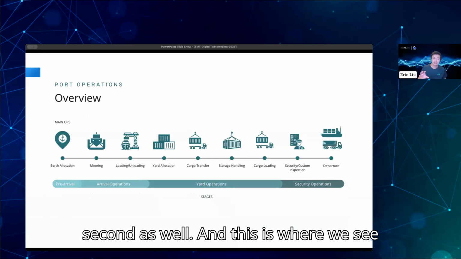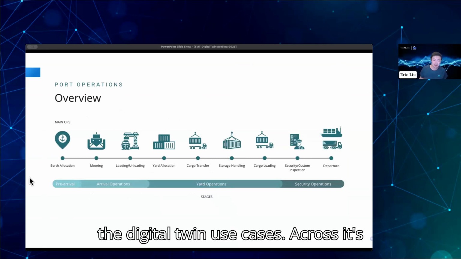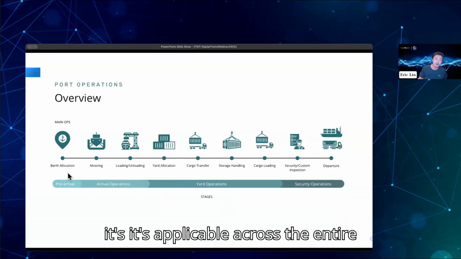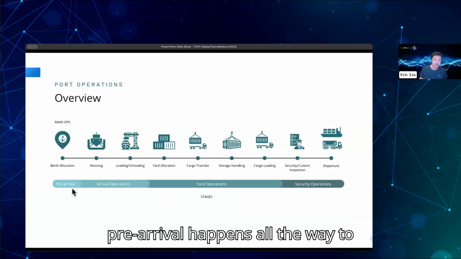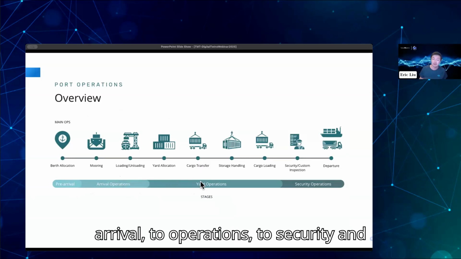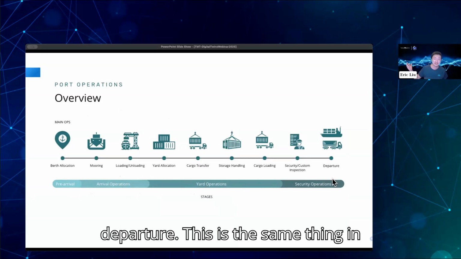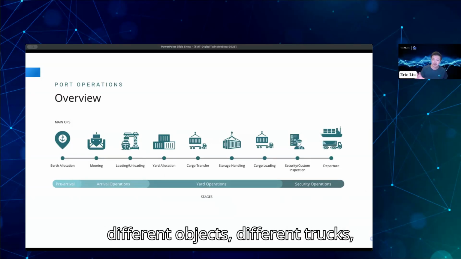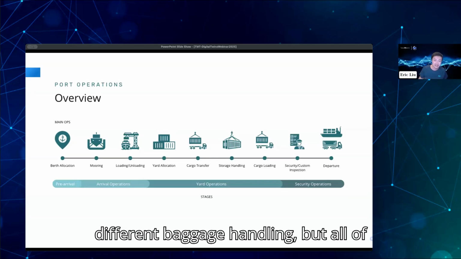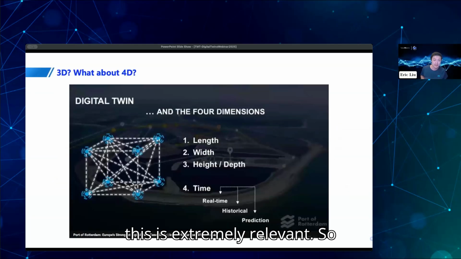And this is where we see the digital twin use cases across. It's applicable across the entire life cycle of a port, from pre-arrival, all the way to arrival, operations, security and departure. This is the same thing in airports as well, right? It might just be different objects, different trucks, different baggage handling, but all of this is extremely relevant.